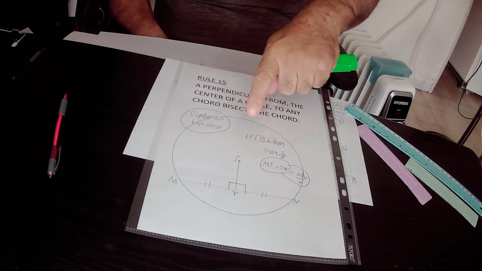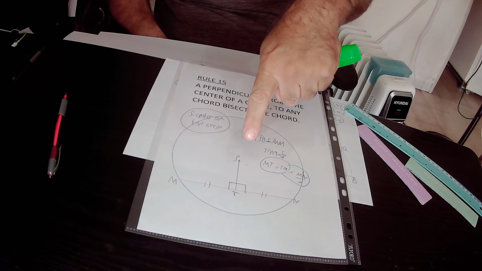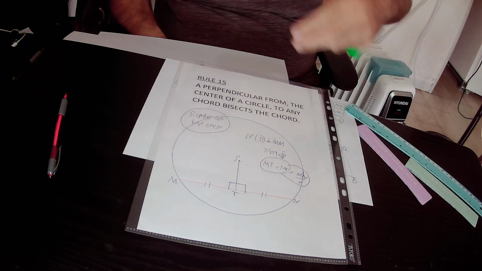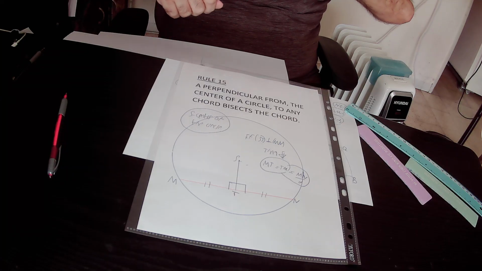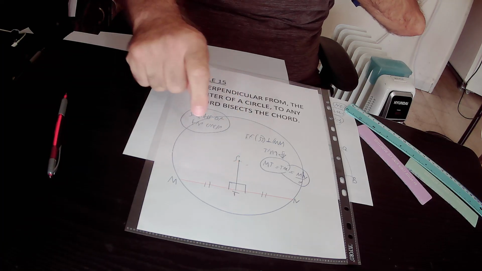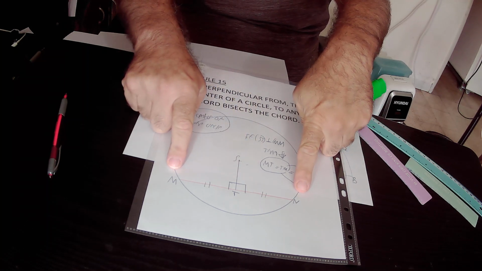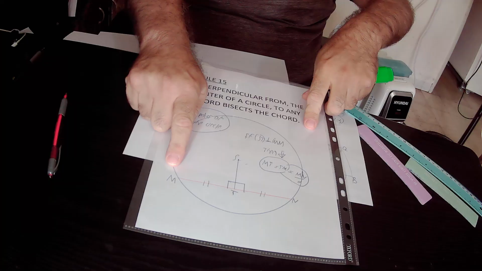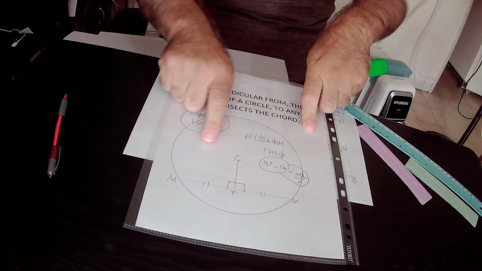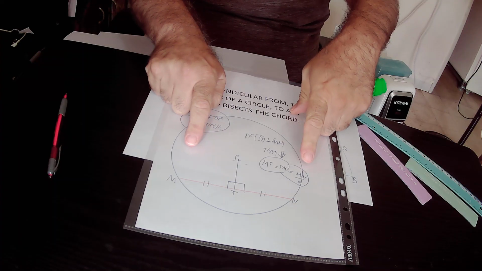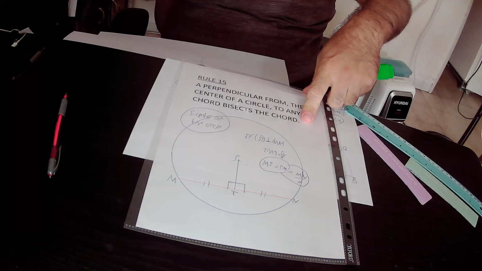From point S, we draw perpendicular ST on chord MN. According to this rule, perpendicular ST bisects chord MN. It means that the first half MT must be equal to the second half TN, and each half must be equal to MN over 2. So MT equals TN equals MN over 2.